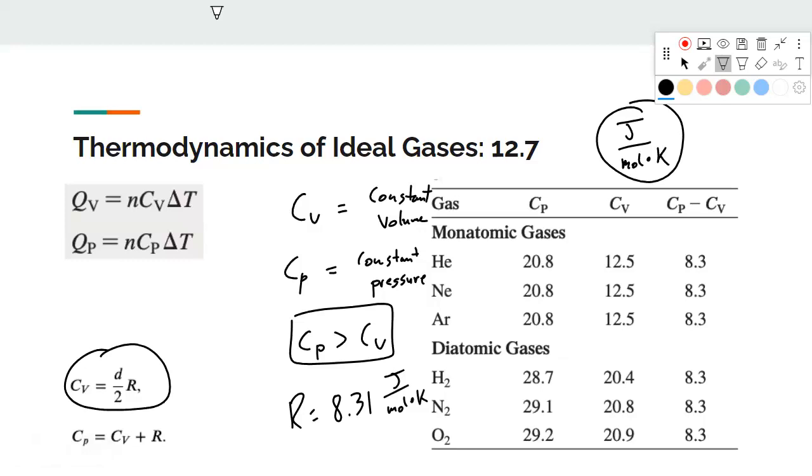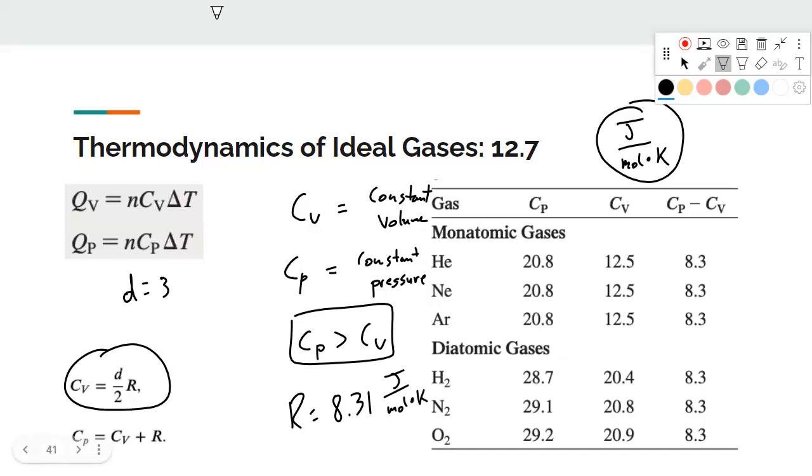So we have a helium atom and a bunch of its friends, and they're bouncing around. As they're bouncing, they can move along the x-axis, the y-axis, or the z-axis. So they have 3 directions in which they can move, and so we say that they have 3 degrees of freedom. That's what this D means.